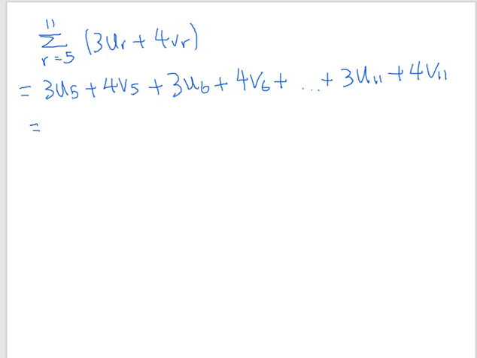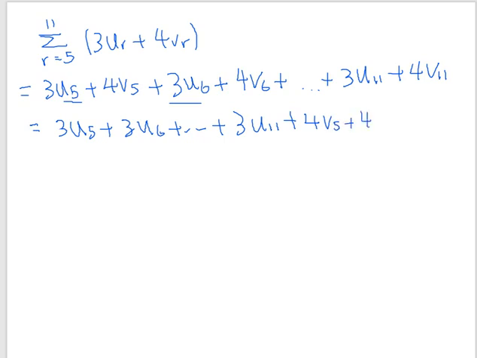After that, you can group all the U terms together. You can group 3U5, 3U6 until 3U11 together. So it's 3U5 plus 3U6 all the way until 3U11, and then you plus the V terms, 4V5 plus 4V6 until 4V11.